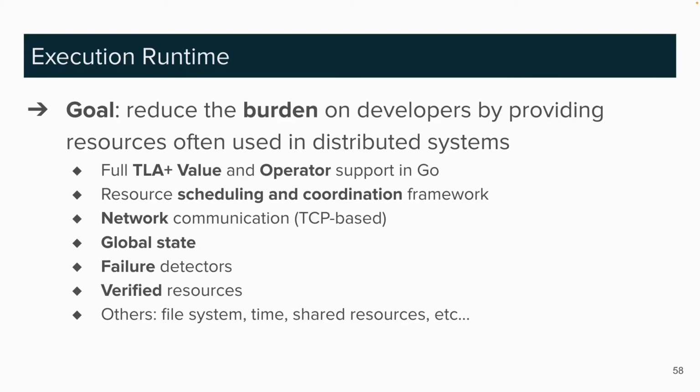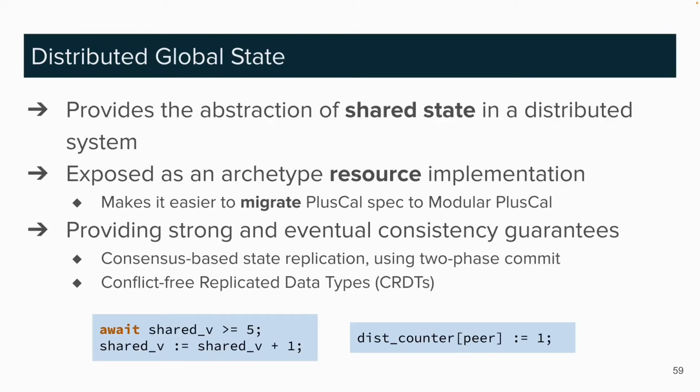We'll now talk a little bit more specifically about some of these, which are maybe not the ones you might expect. Of course, we provide lots of low-level resources with very simple implementations, but we have some interesting ones too. So, distributed global state is a thing that you wouldn't normally expect to want, but sometimes you just want that.